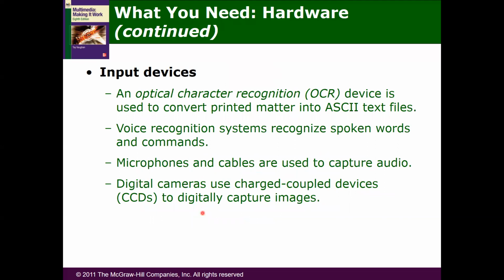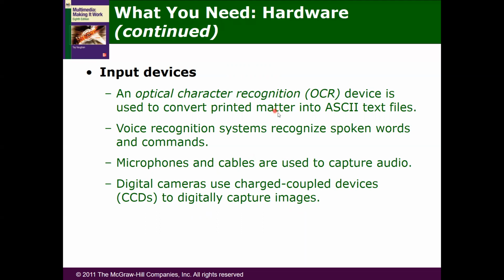Now, input devices. We have optical character recognition, OCR, a device that converts printed matter into ASCII text files. Voice recognition systems recognize spoken words and commands. Microphones and cables are used to capture audio. And we have digital cameras that use charge coupled devices, CCD, to digitally capture images.